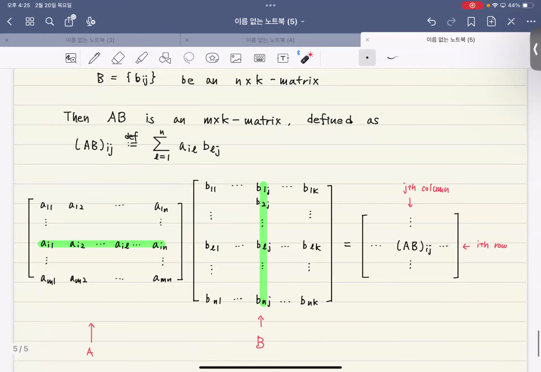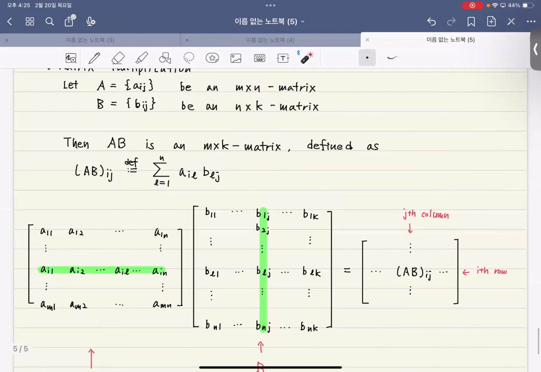Because of this dimension constraint, they both have n numbers. You multiply the first by the first, the second by the second, and so on, and once your multiplications are all done, you add all these numbers together, and that is going to be the ij entry of the resulting matrix.